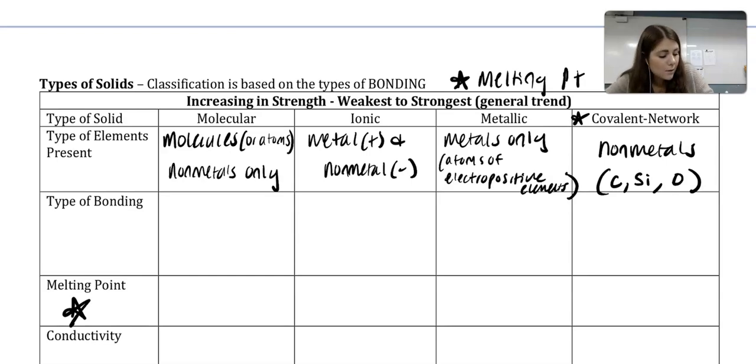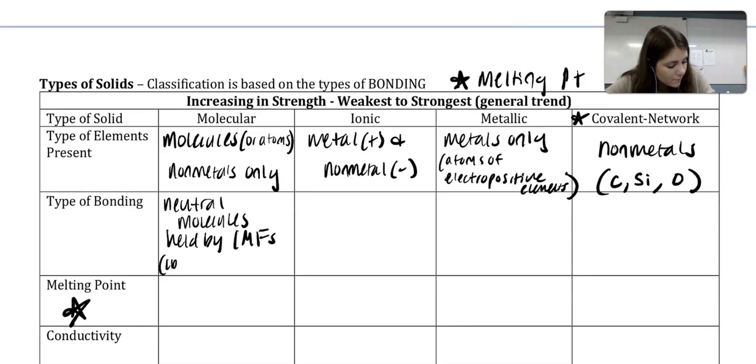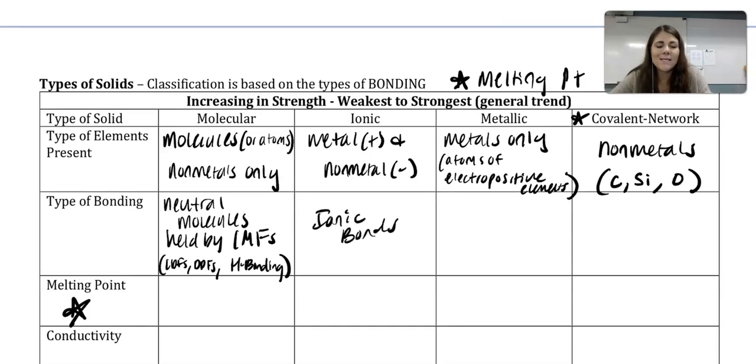Type of bonding. These are going to be neutral molecules held by IMFs. All right, so that's LDFs, dipoles, hydrogen bonding. When it comes to ionic, we have ionic bonds, okay, electrostatic attractions. Metallic, we have metallic bonds. That's that metal with the sea of electrons.